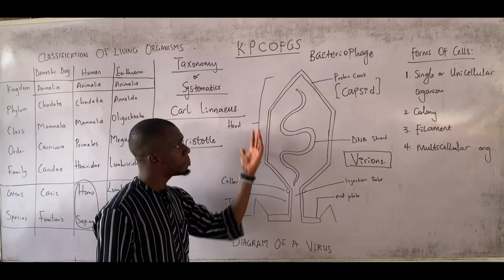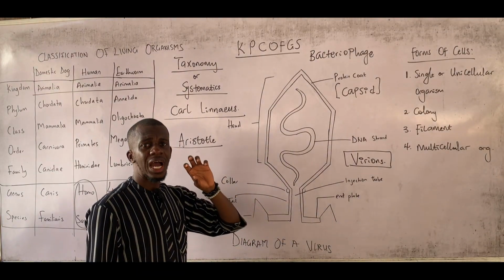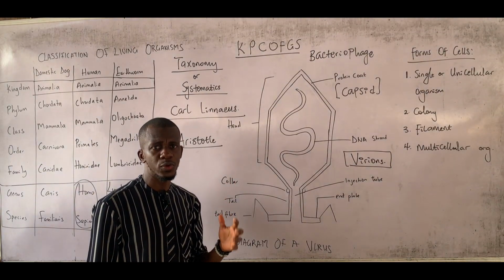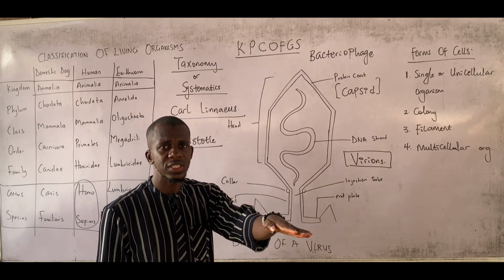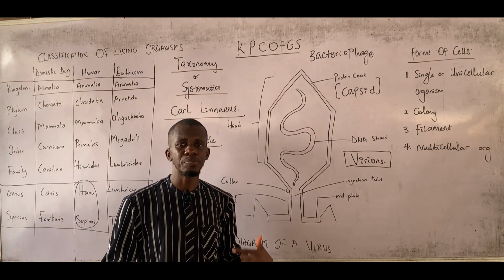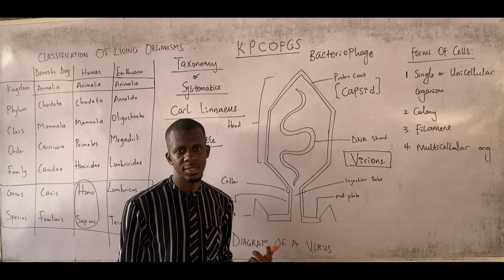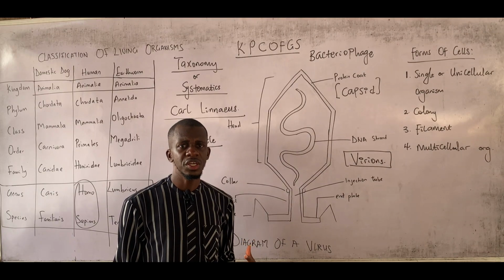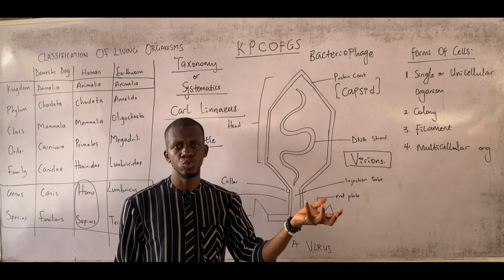Now, the virus has a mechanism by which it enters a living cell and reproduces. We have a lot of processes involved, one of which is called absorption. So it infiltrates a living cell, and then it starts to replicate, it starts to reproduce very quickly. One of the ways it does this is that it takes the food.